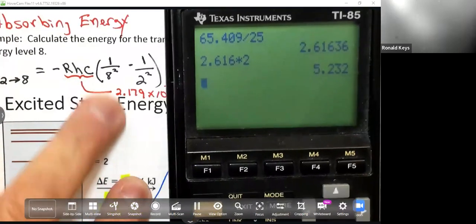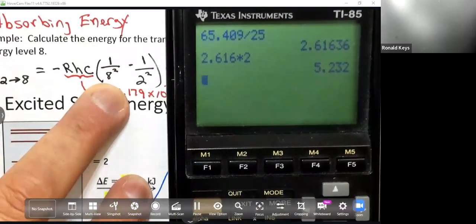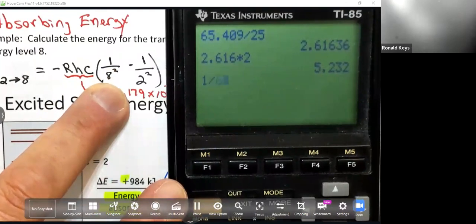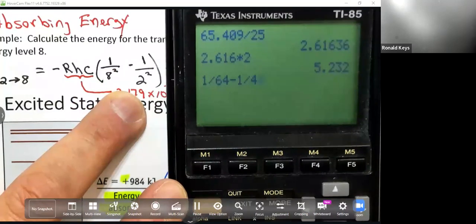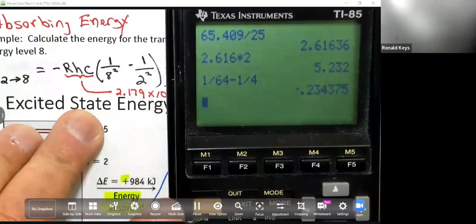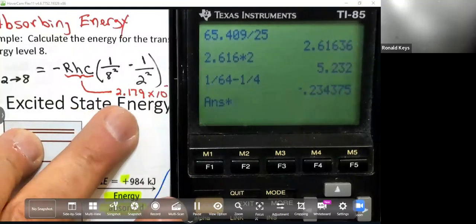On my calculator, I think I would just go 1 divided by, 8 squared is 64. So I think I would go 1 divided by 64 minus 1 divided by 4. I'm going to enter that and go times, I still have a negative there, negative 2.179 to the negative 18.